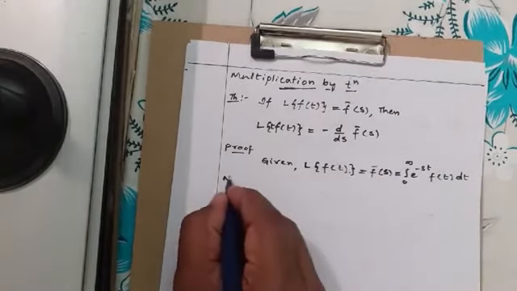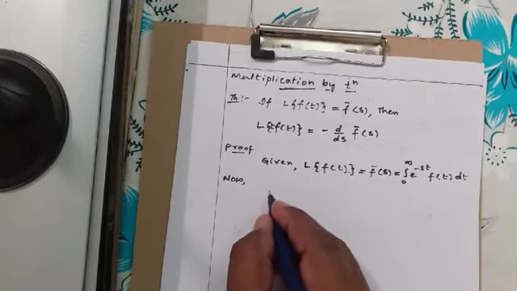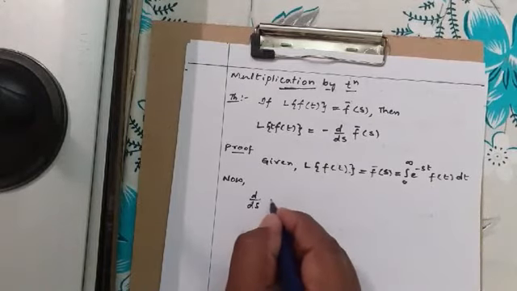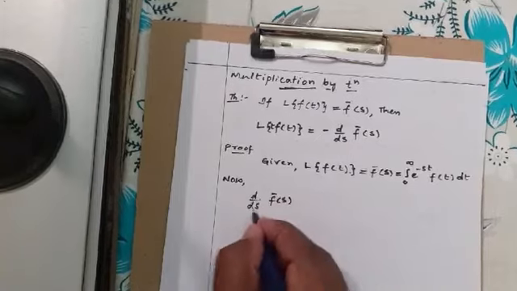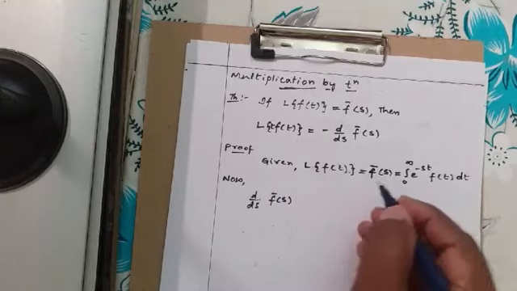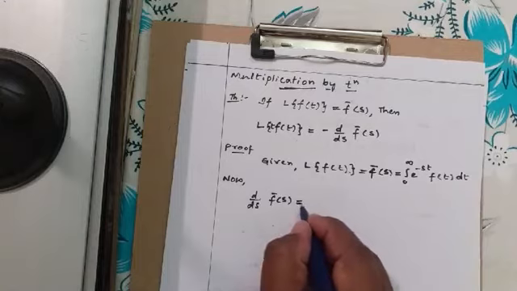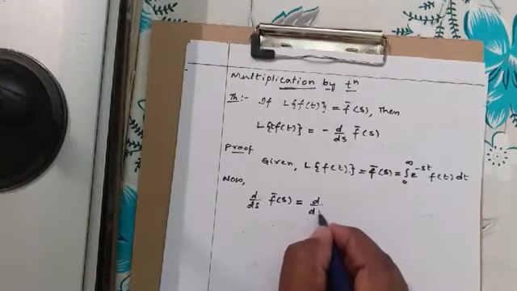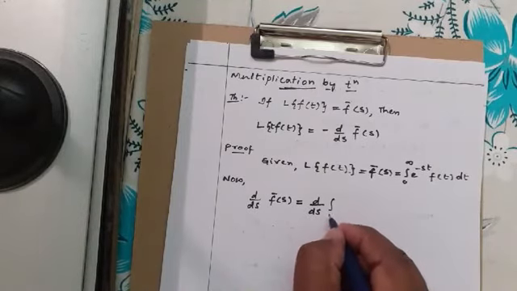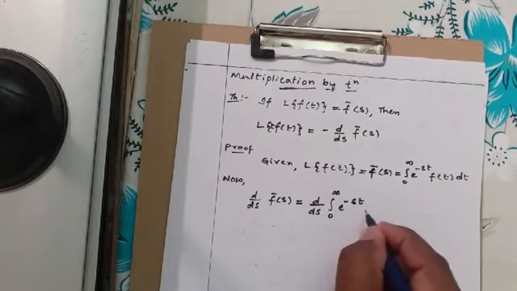Now here we differentiate f bar s with respect to s. So this is equal to d by ds, differentiating on both sides with respect to s. Then this becomes d by ds of integral 0 to infinity e power minus st f of t dt.